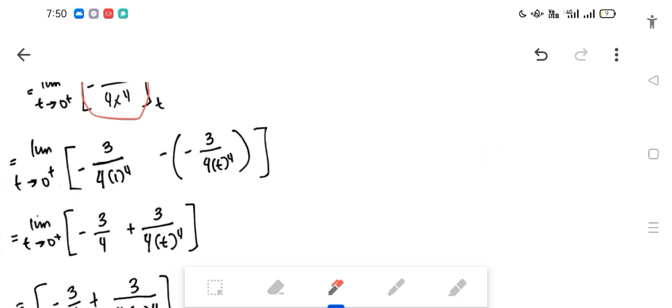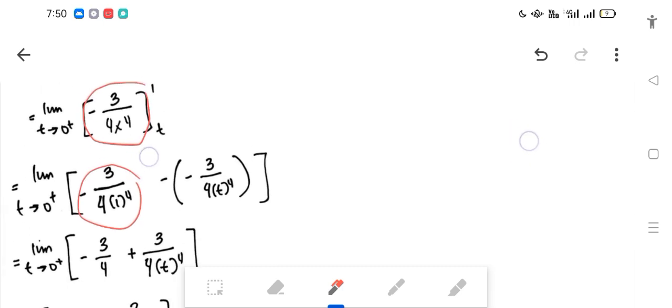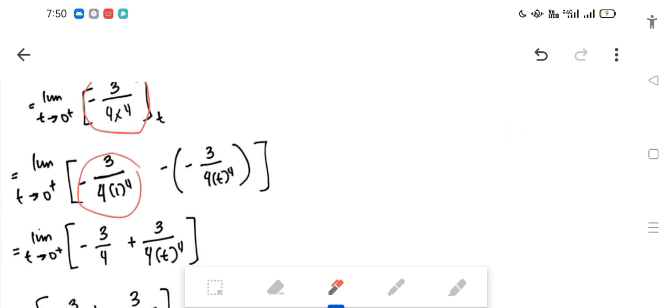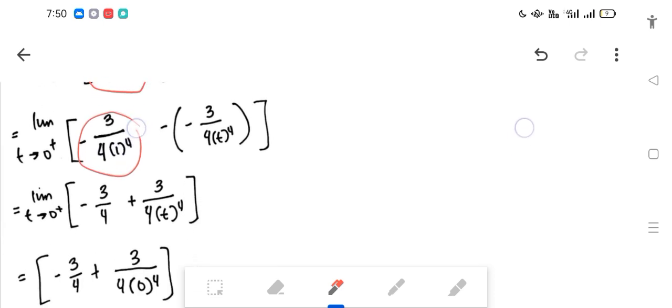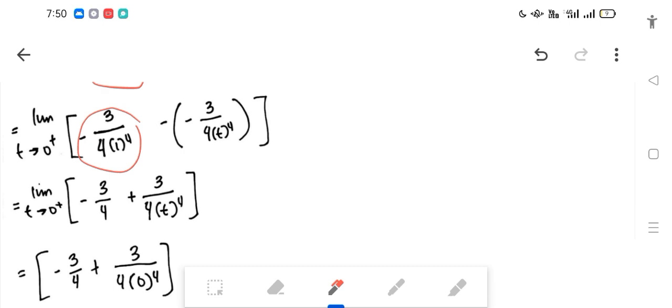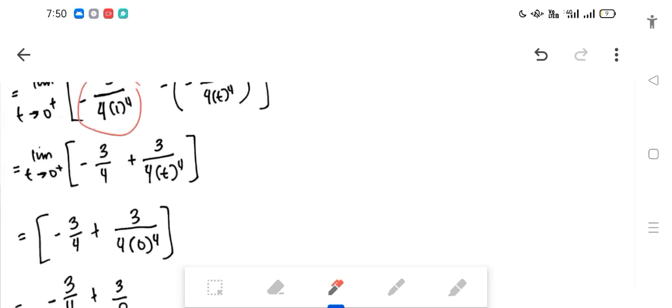So we have here 1 as the value of x. So we have negative 3 over 4 multiplied by 1 raised to 4 minus negative 3 over 4 multiplied by t raised to 4, because t is our lower limit, so we just substitute t here, and the result is equal to this one.